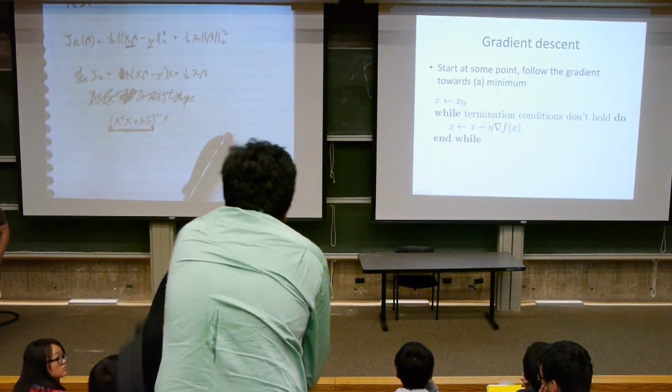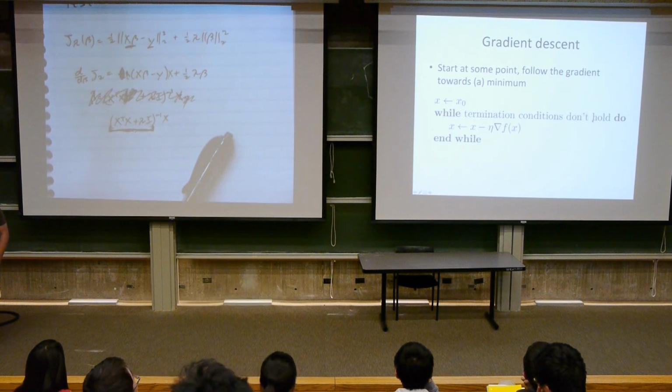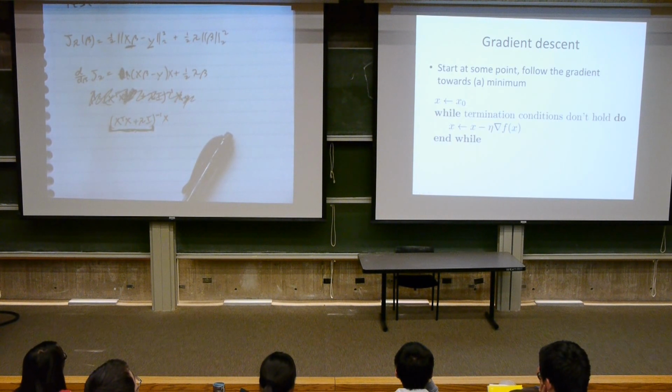So we stop when we think we're close enough. And I'll talk about that a little more in a minute. So it kind of makes sense that the negative gradient locally is the direction where the function is decreasing the fastest, right? So it makes sense that you might want to go in that direction.